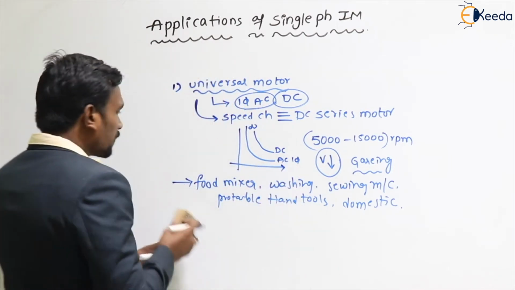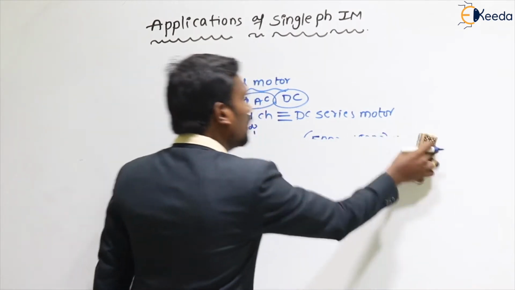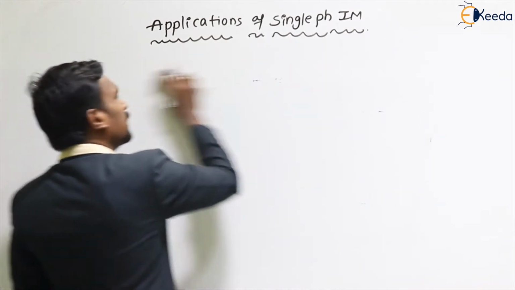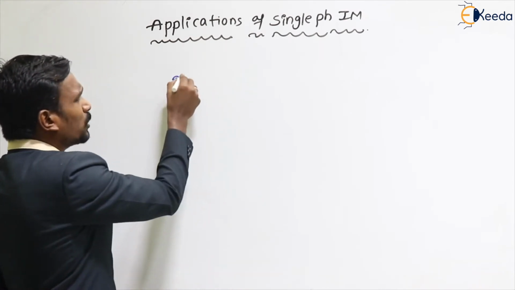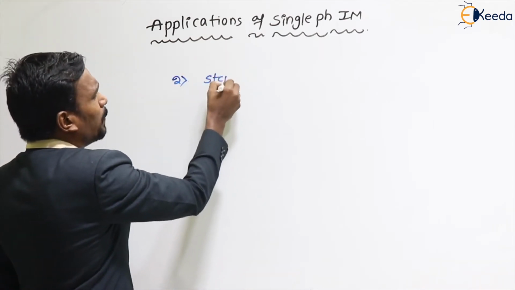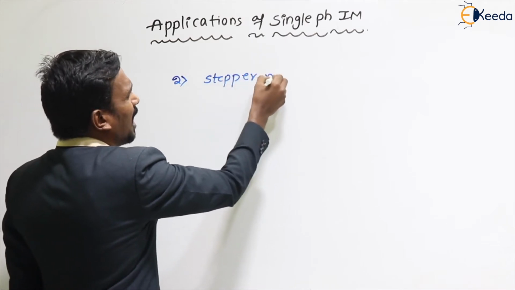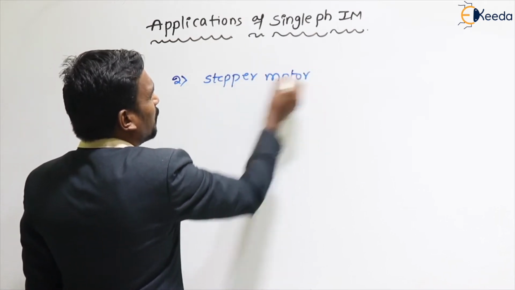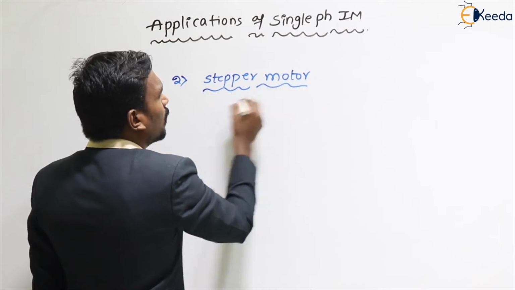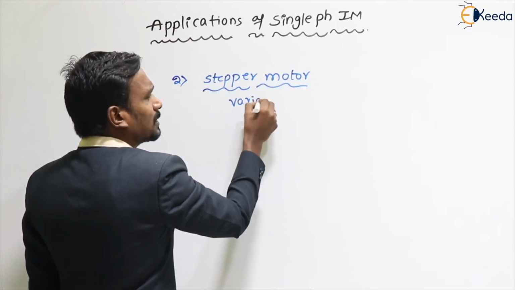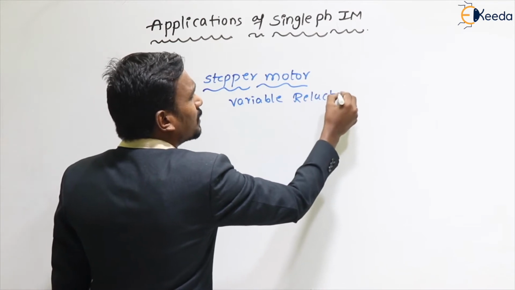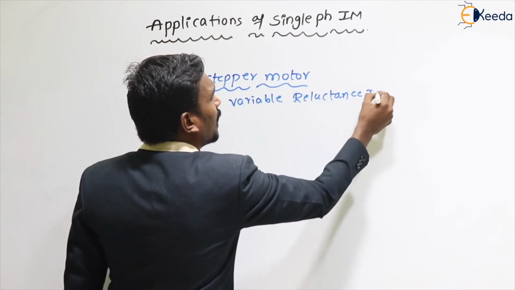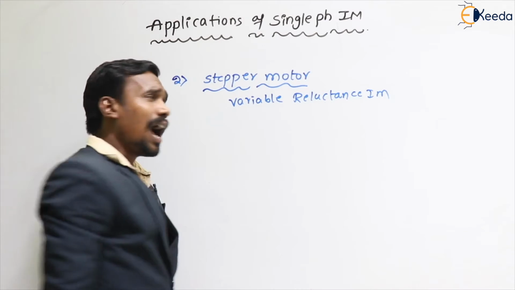Other than this, next one, the very important is stepper motor. Now we are going to discuss a stepper motor. I said you already, stepper motor is also called variable reluctance motor.